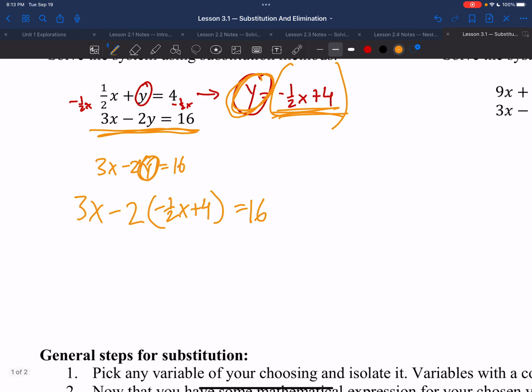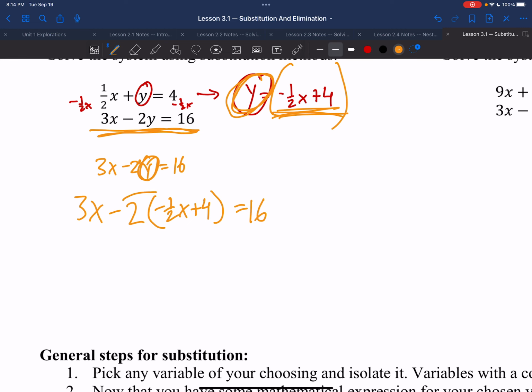Now you'll notice what gets accomplished here. You've put y in terms of x, and then you took an equation with x and y and replaced y with an expression in terms of x. What happens is I have a single expression with only one type of variable, x. And since it's an equation with a single variable, especially because it's linear, it's very easy to figure out what that variable is.